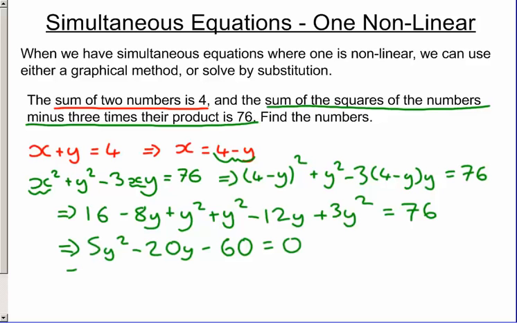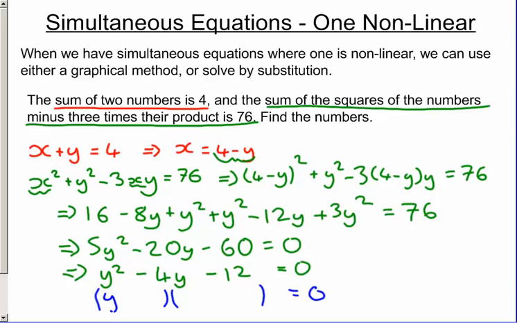And we can factorise that fairly easily. Two numbers that multiply to make minus 12 and add to make minus 1, with y and y. If they multiply to make minus 12, one is positive and one is negative. If we have minus 4 plus 3, we get minus 1.